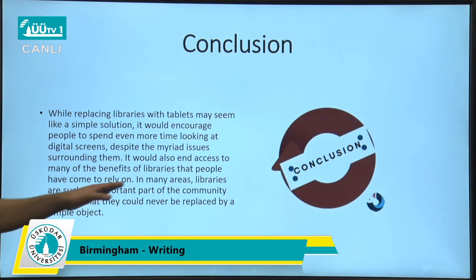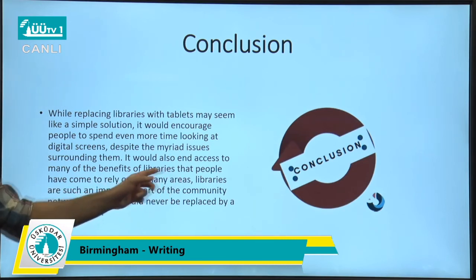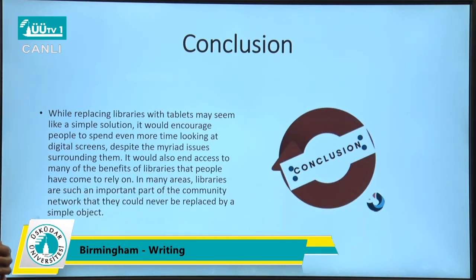So, as you can probably see in the last sentence, which is the clincher or finisher I've added here, I've totally stated my stance or my position in favor of, for example, going on with the traditional libraries.